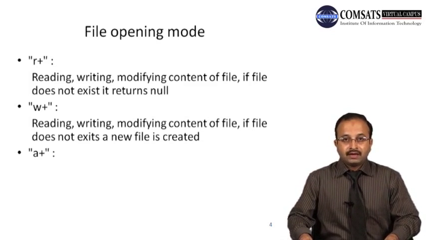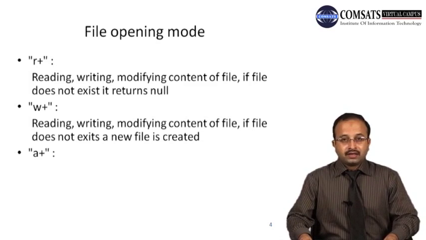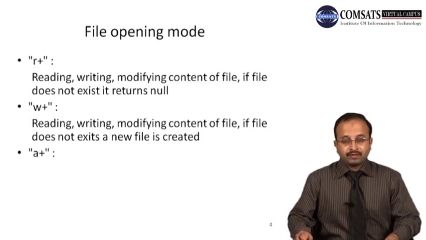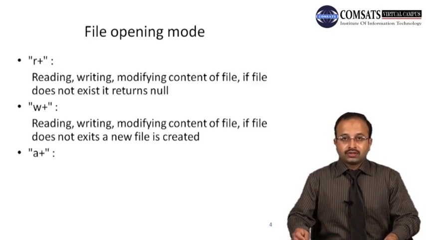For example, if we have a previously saved file my.txt, and I open a file in W plus mode with that name, it will destroy or delete all the content of the my.txt file. Okay, if I create a new file with the same name, it will finish the previous file and create a new file with that name, that is an empty file.